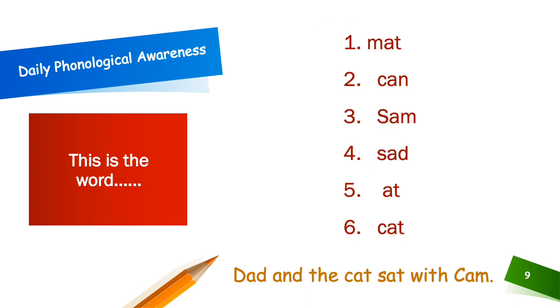Let's do some more. Let's look at word number 1. Let's look at the first, second, and then third sound. M-at. What does that say all together? Mat. Number 2. K-an. Can.